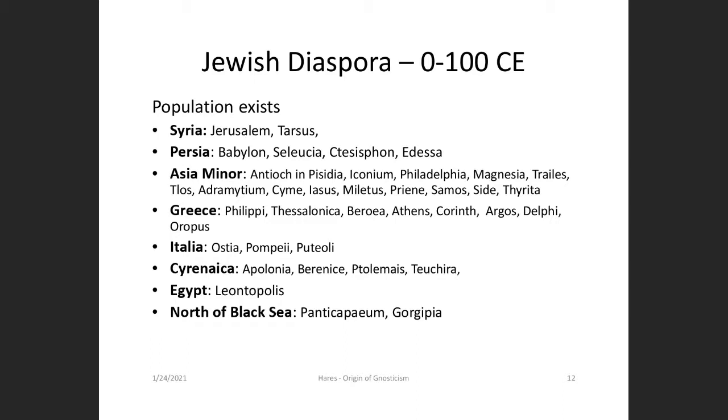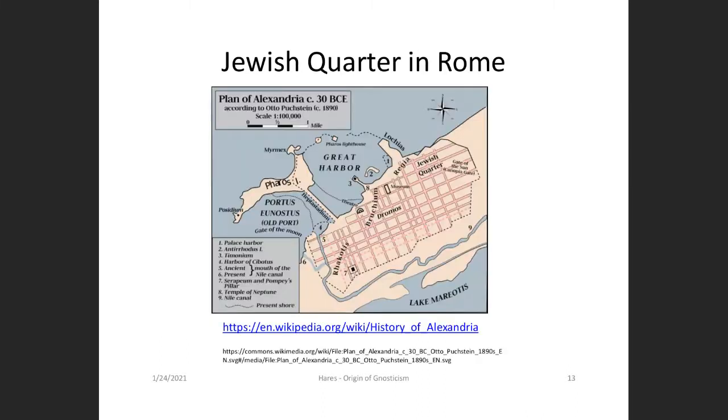You have Greece, Philippi, Thessalonica, Berea, Athens, Corinth, Argos, Delphi. Italia, there was Ostia, Pompeii, Puteoli, Seleucia, which is into North Africa. There was far down, and north of the Black Sea, which Paul might have been heading toward.